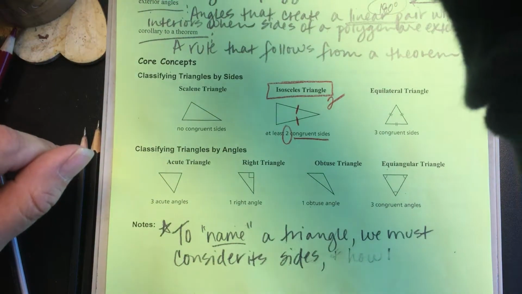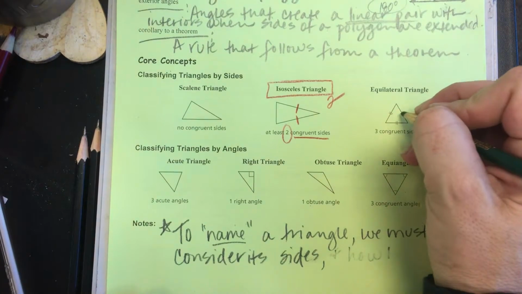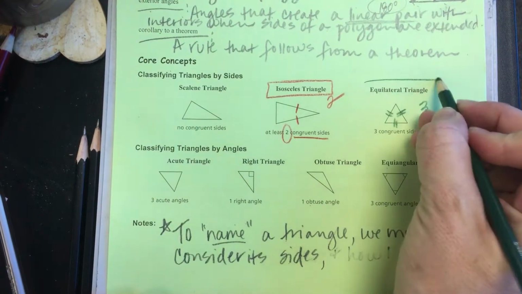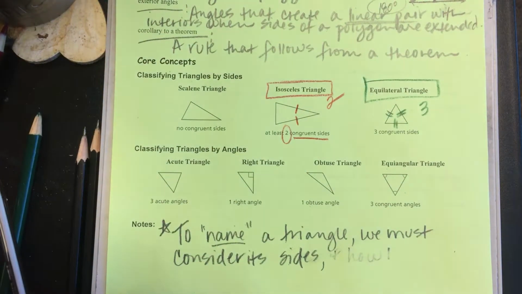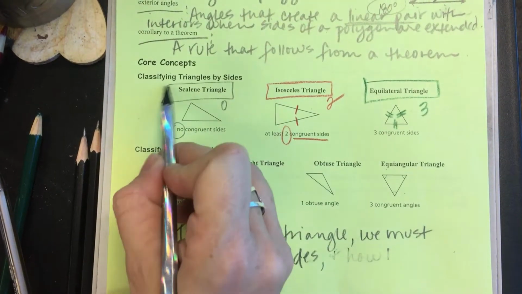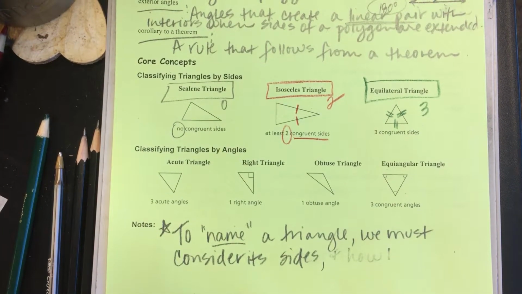And then if you have all three congruent sides and you see the markings for all three, all these are the same, that one's equilateral. So first one is no sides the same, scalene. So we've got to consider how the sides are related, and we get a name for a triangle based on one of those.